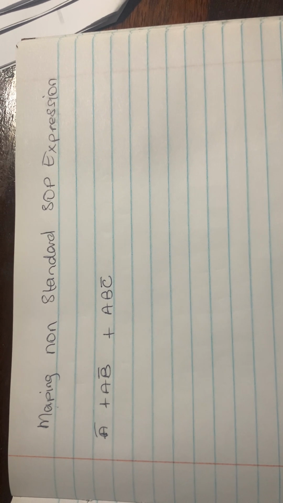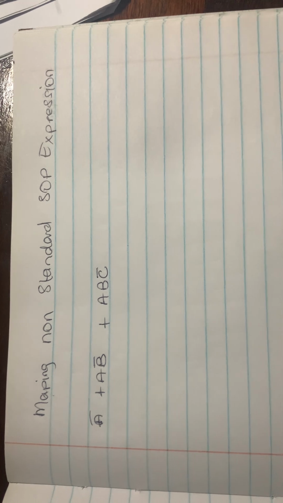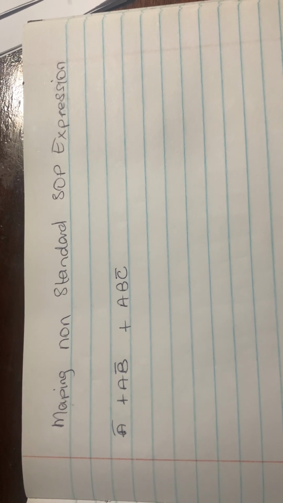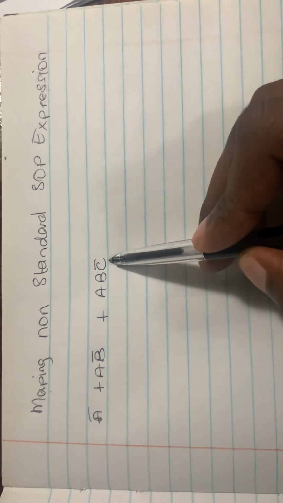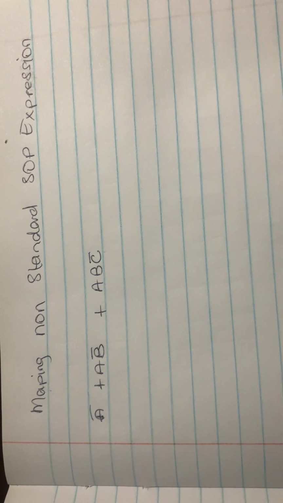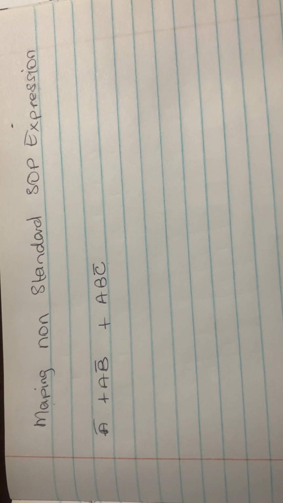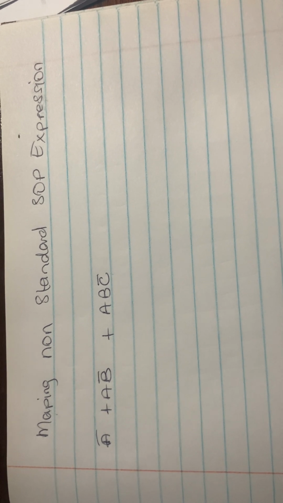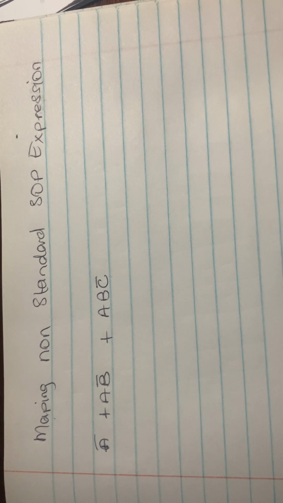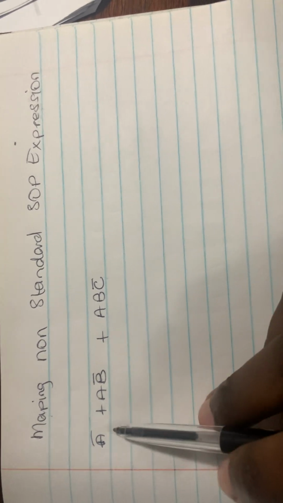If they are not telling you, you can also observe by looking at what I'm saying. Now if you can see, this one is ABC. So this part alone is in standard form, but now we are given a non-standard SOP expression. How is it a non-standard SOP? It is non-standard because this one is incomplete.